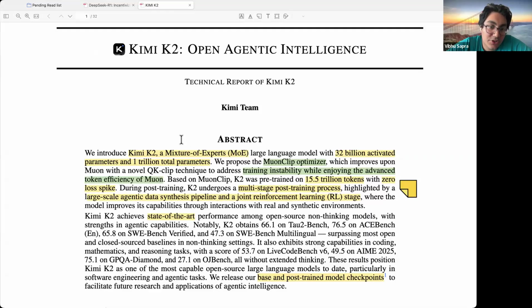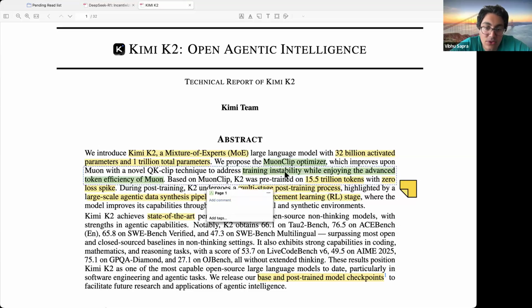So a huge trillion parameter model with 32 billion active parameters. Very, very sparse. They talk about the sparsity. They talk about experiments they did for sparseness ratios and all this stuff. It's pre-trained on 15 trillion tokens. They use a MuonClip optimizer. This is basically all the hot news. They put out a separate paper about this before.